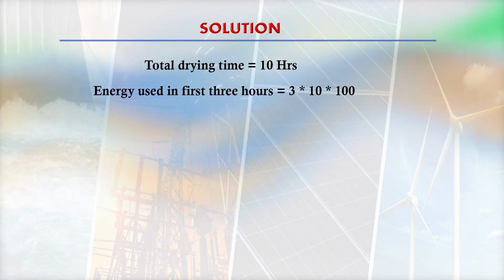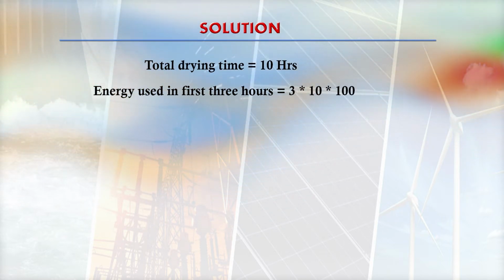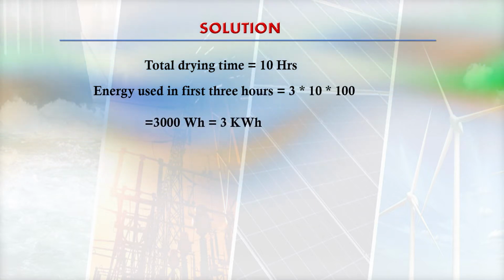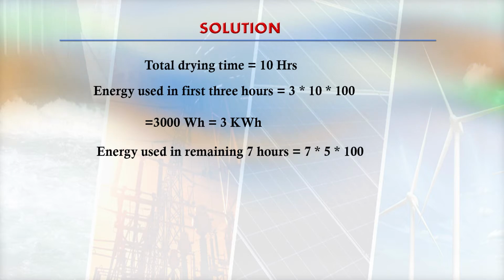First we calculate how much energy is used in the first 3 hours. 3 into 10 bulbs, and each bulb has a capacity of 100 watt. The total is 3000 watt hour, and converting it into kilowatt hour, that is 3 kilowatt hour. Then how much energy is used in the remaining 7 hours?